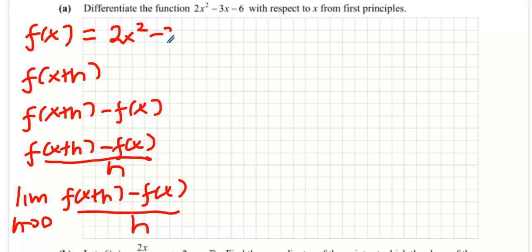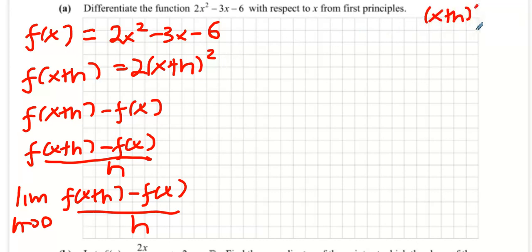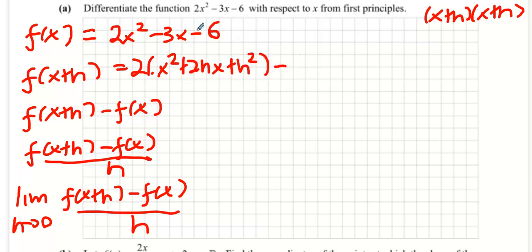2x squared minus 3x minus 6. 2 times x plus h squared. Now, I'm going to save myself space. I'm going to do x plus h by x plus h in here, just to save myself a bit of space. So it's going to be x squared plus 2hx plus h squared. 3 times x plus h, right?